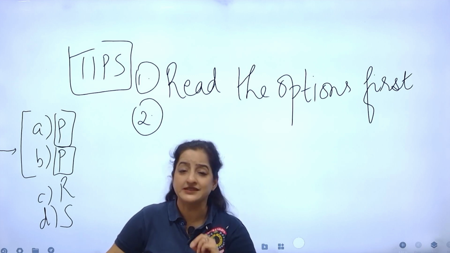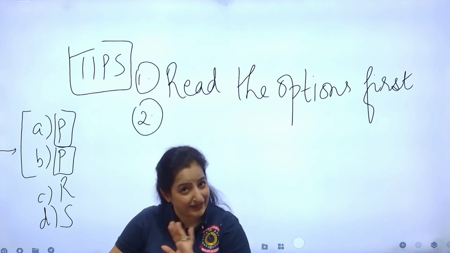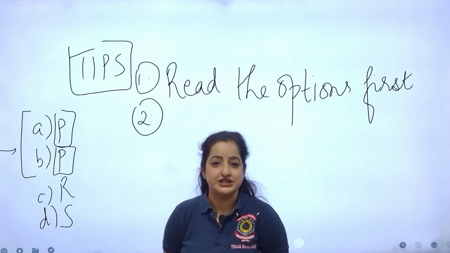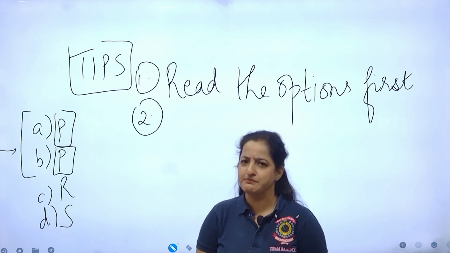Do not take this as an absolute tip, that ma'am had said this would be the answer. It's not like that. The answer can be Charlie, the answer can be delta. So in that case, do not hold me to account. Right? It's just a hack. It works. Many times it works.